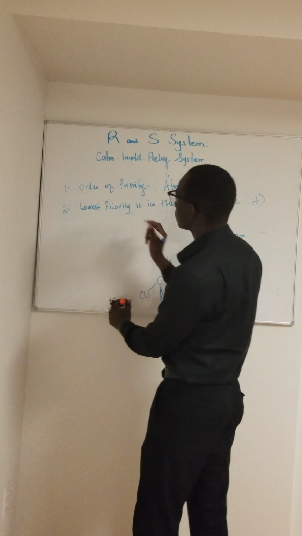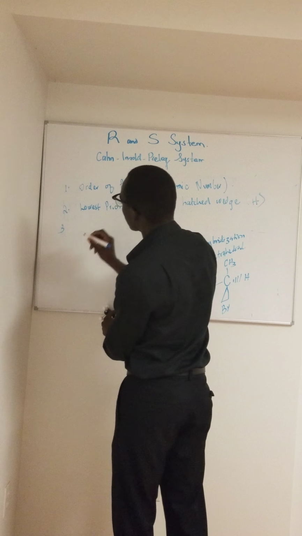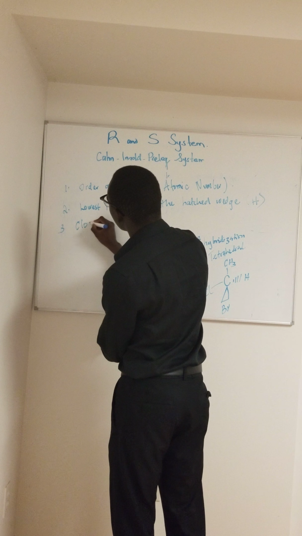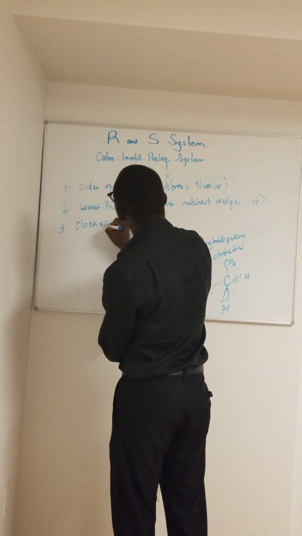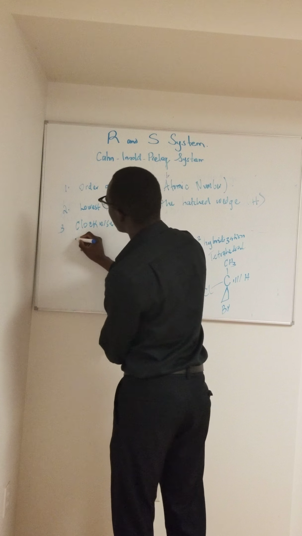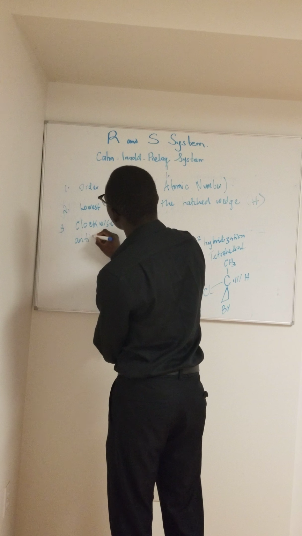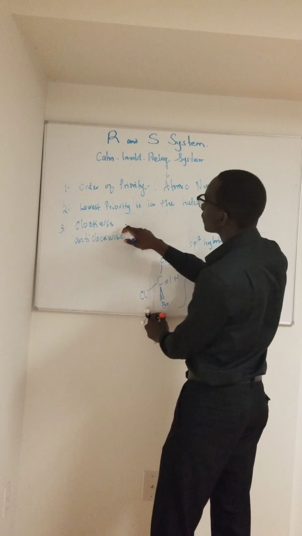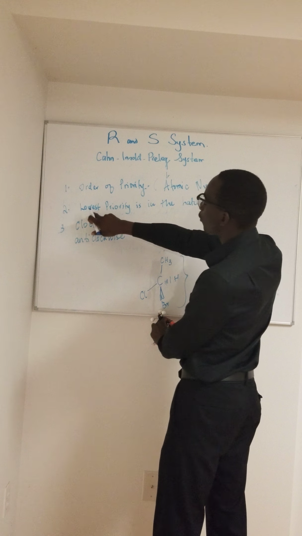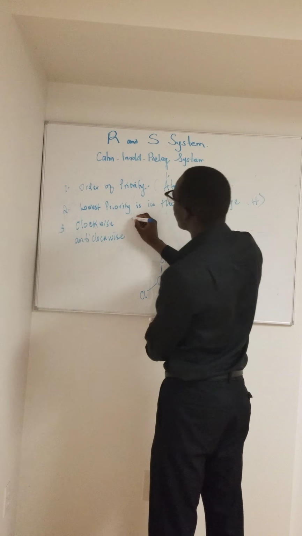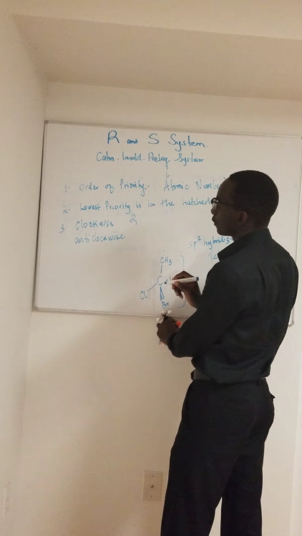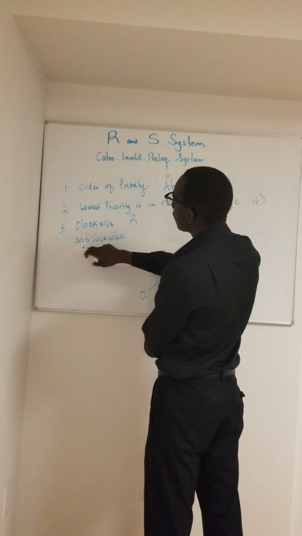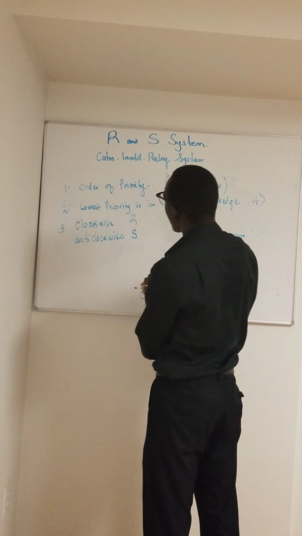So then after that, if you have a clockwise counting when the lowest priority is in the fourth position, then you have an R isomer. If it's anti-clockwise, then you have an S isomer.